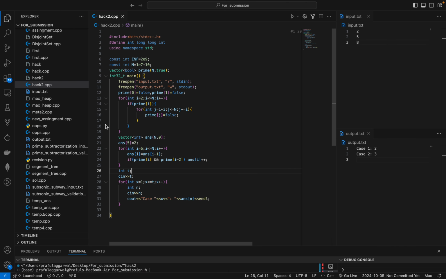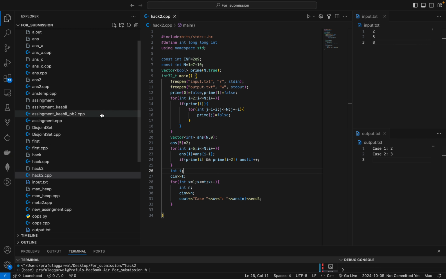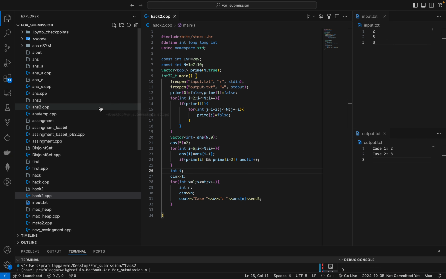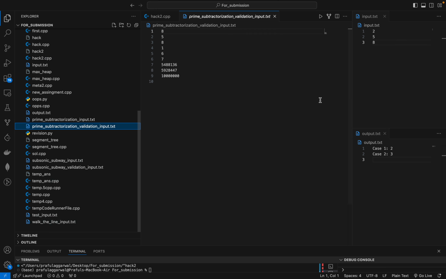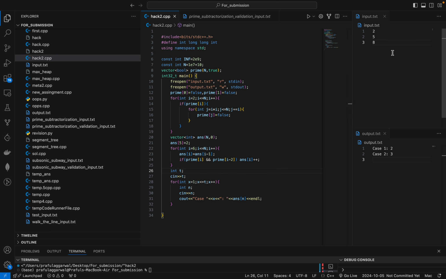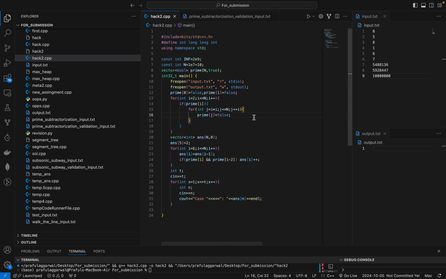If I wanna try some other test cases, so this is the input we got. Let's try this one. So yeah, this is the correct code indeed.